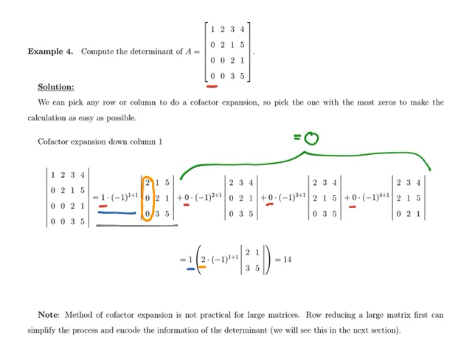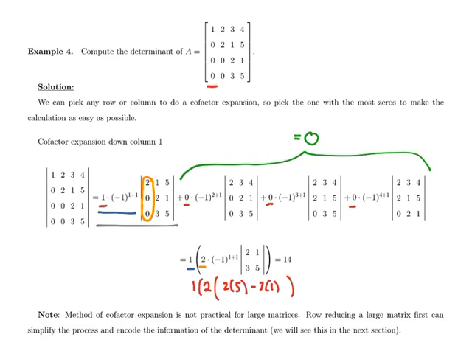I look at the corresponding cofactor, negative 1 to the 1 plus 1 because I'm in the first row, first column, times the determinant of the minor matrix, which in this case is 2, 1, 3, 5, and that'll give me the final answer of 14. This would be 1 times 2 times 2 times 5 minus 3 times 1, which is 2 times 7, which is 14.